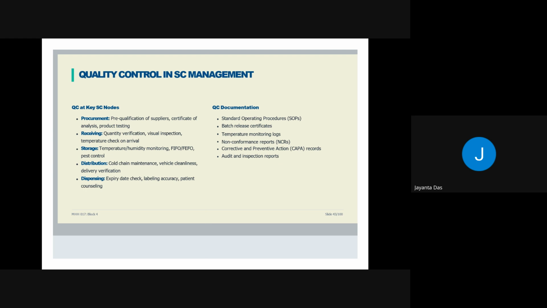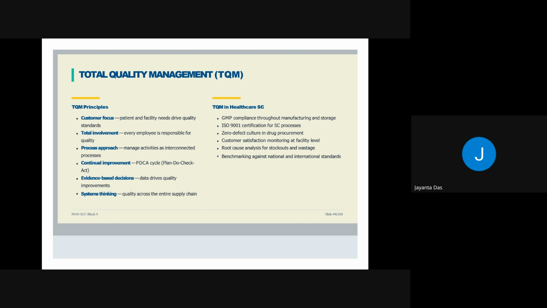For this documentation we require standard operating procedures, batch release certificates, temperature monitoring logs, non-conformance reports, corrective and preventive action records, and regular audit and inspection reports. So total quality management for supply chain is customer focused, with total involvement.